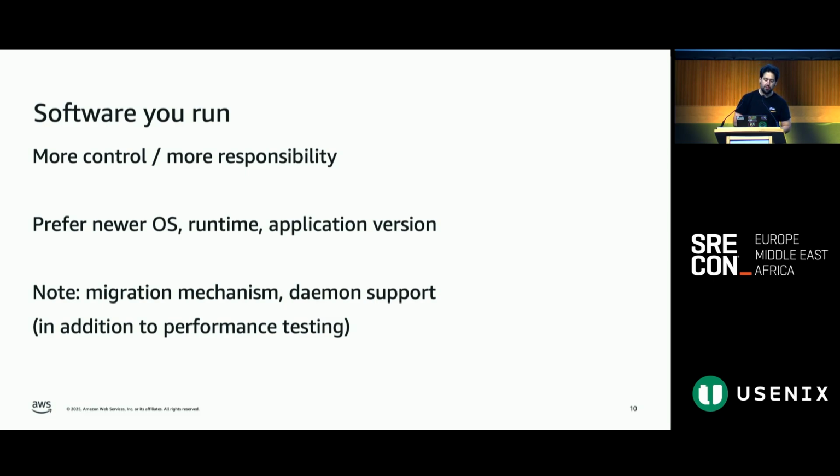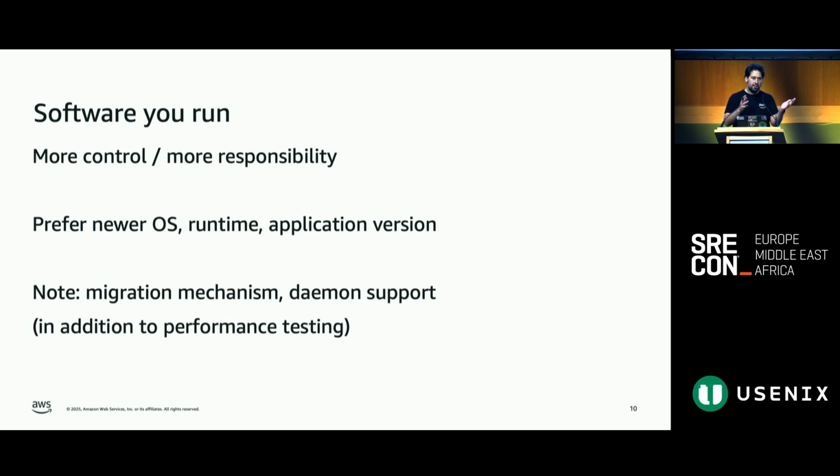The next kind of software is the software that you run. And by that, I mean either open source stuff where you actually own the VM and you own the operating system. So think about your Spark clusters, Kafka, Cassandra, Elasticsearch or OpenSearch, Solr, Redis, MySQL, Postgres, all this fun stuff.